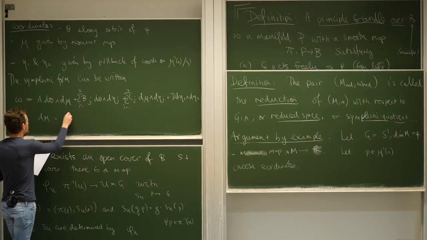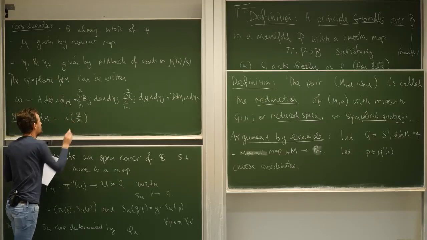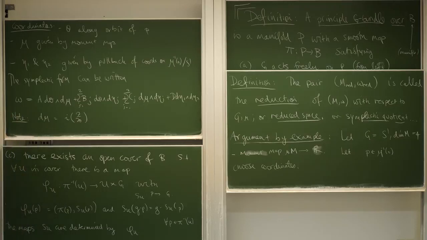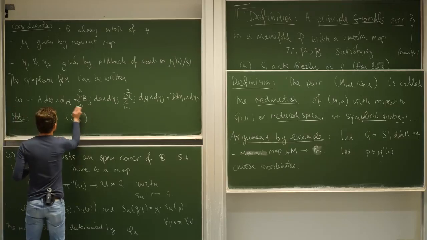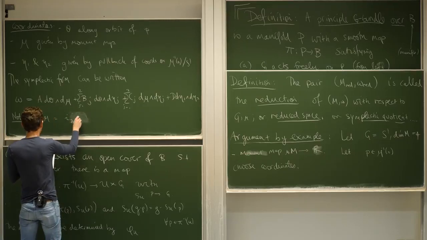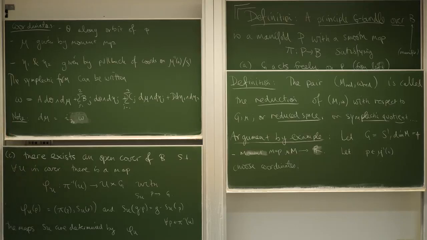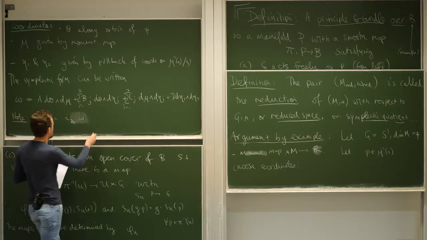So if you take the interior product of the vector field ∂/∂θ on omega, you should get dμ. So that already tells us quite a lot, right?